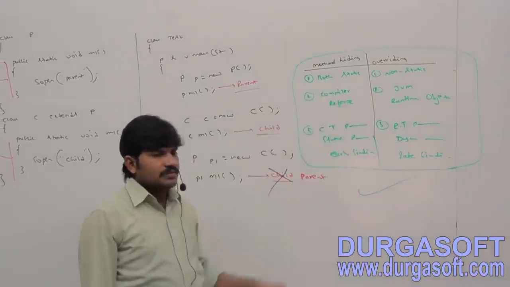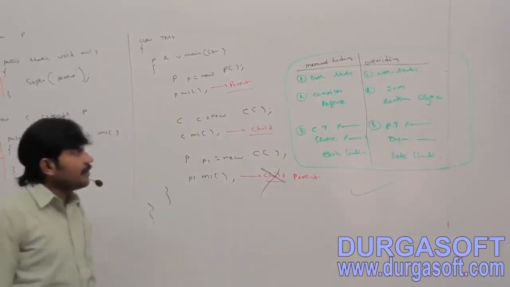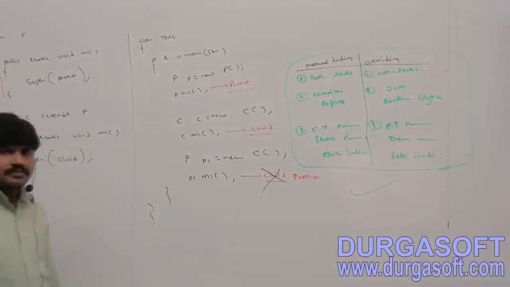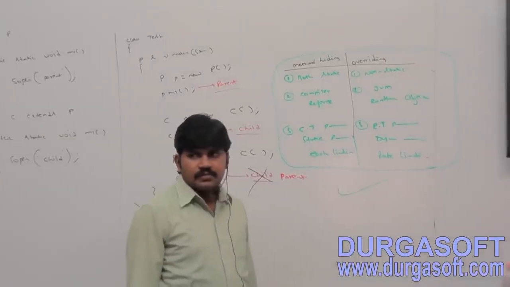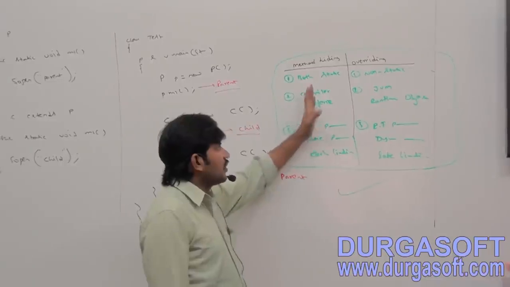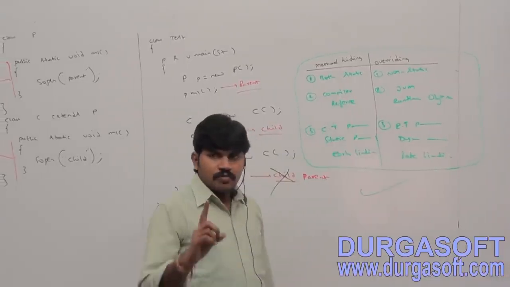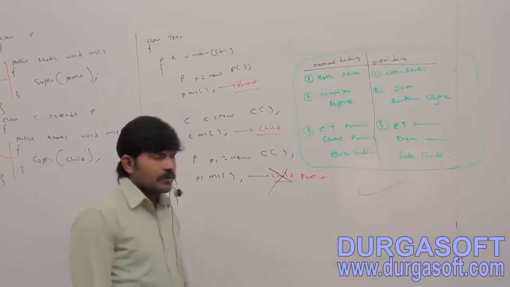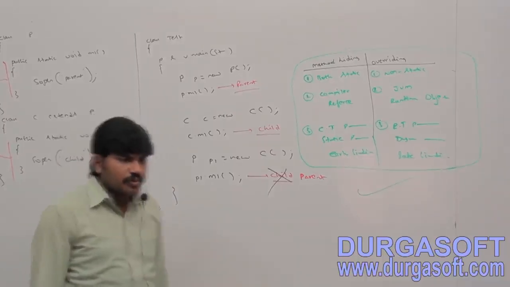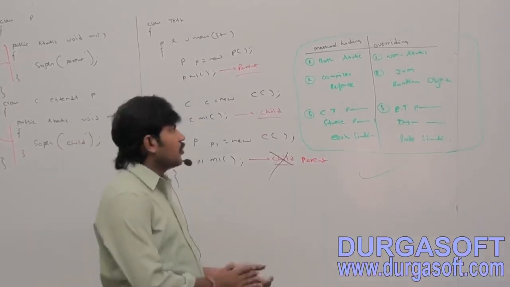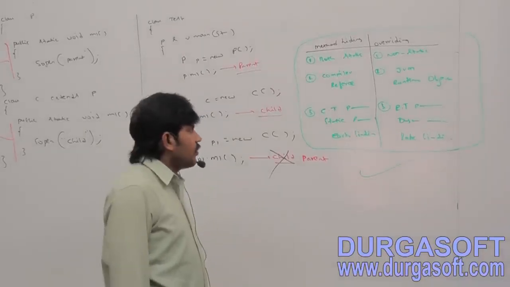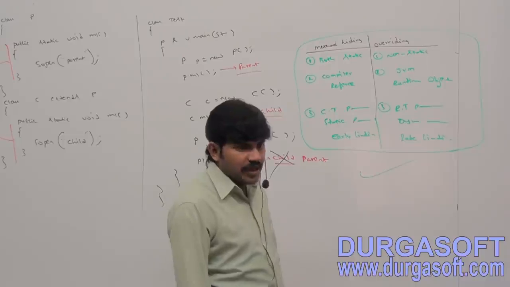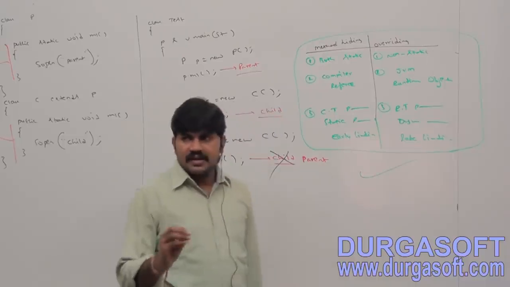Take the table first: method hiding, overriding. I will dictate the points anyway. First point. Both the parent and child class methods should be static.